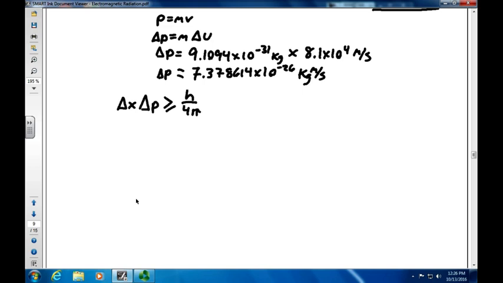Doing a little bit of manipulation and generalization, we can find that our change in position has to equal Planck's constant over 4 pi delta P. Planck's constant is equal to 6.63 times 10 to the minus 34 joule seconds.